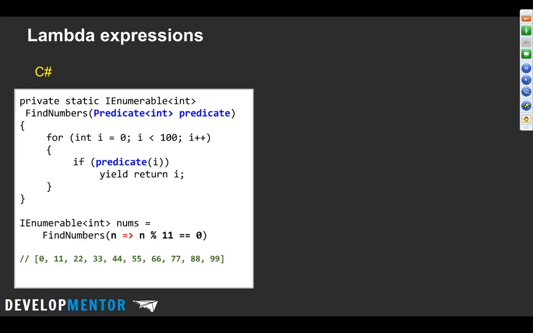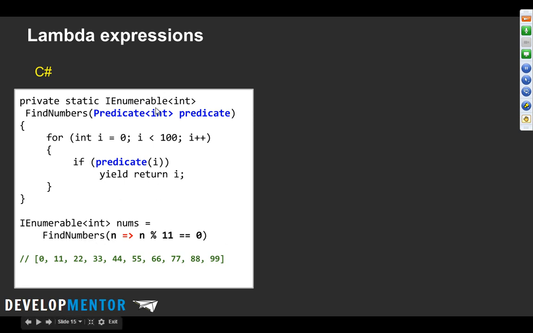All right, lambda expressions. One of the things that's fantastic about C# is lambda expressions. These whole anonymous delegates, and you can write this really, really simple code. So over here we've got this find numbers method. Let's imagine all the numbers are from 0 to 100 or something like that.